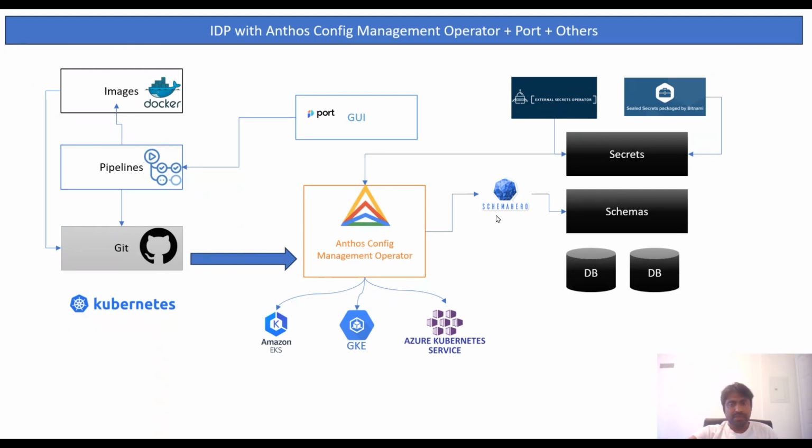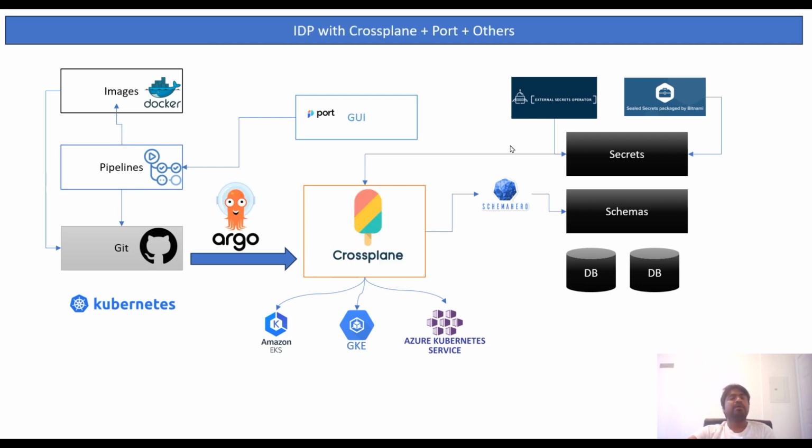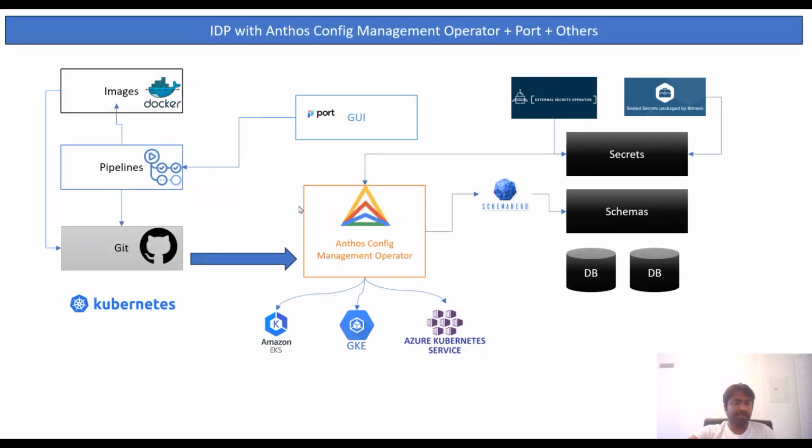In the earlier session, we discussed how to implement IDP with Port, Crossplane, GitHub Actions, and Argo CD. Now we are replacing Crossplane and Argo CD with Anthos config management operator.